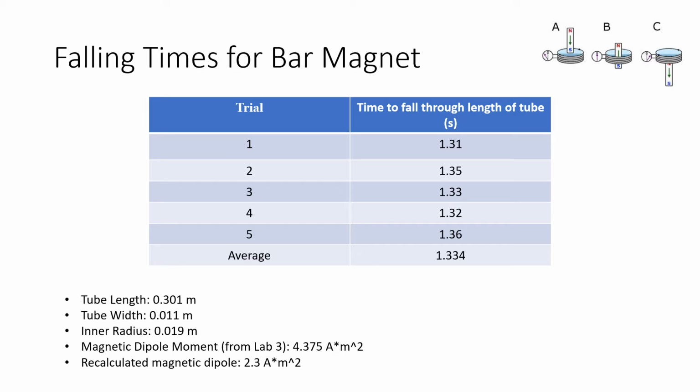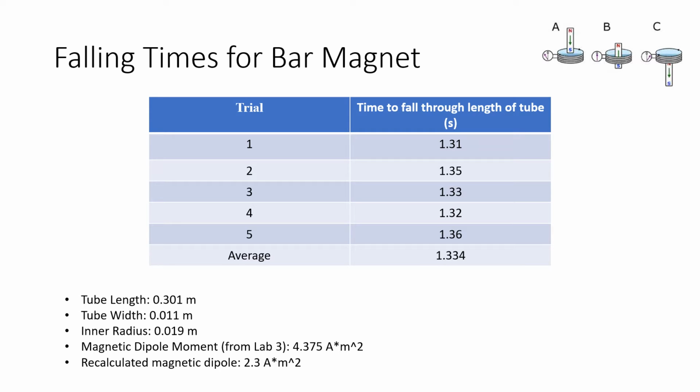Falling times for the bar magnet. For each trial, the time to fall through the length of the aluminum tube was recorded, and the average time to fall through the tube was 1.334 seconds. The measurements for the tube are listed down below. For example, the length of the tube is 0.301 meters, tube width is 0.11 meters, and inner radius is 0.019 meters.